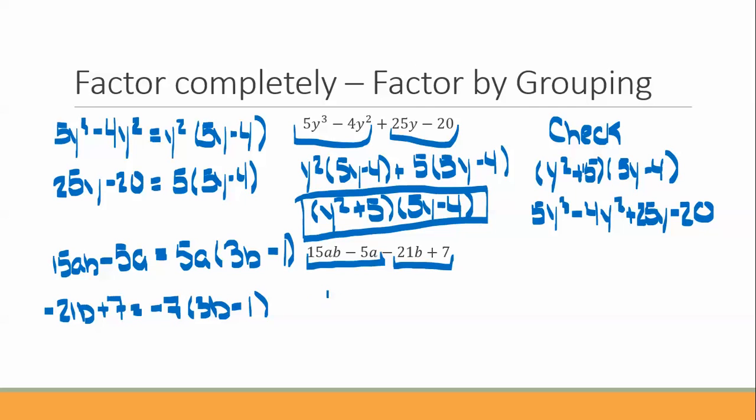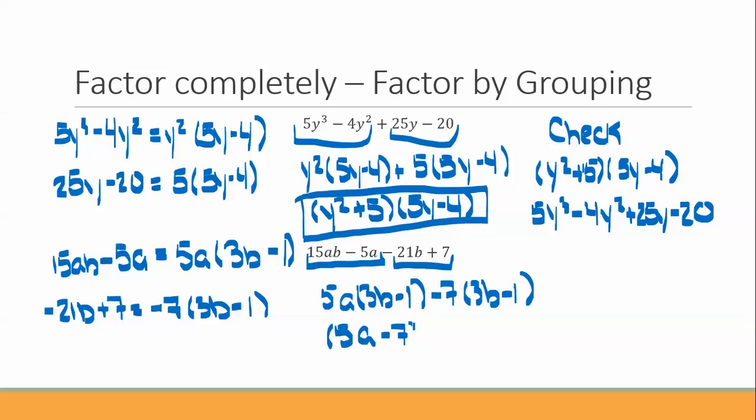Coming back to the original problem, 15ab minus 5a we know is equal to 5a times 3b minus 1. And minus 21b plus 7 is the same as minus 7 times 3b minus 1. Now we can combine like terms, and we have 5a minus 7 times 3b minus 1.